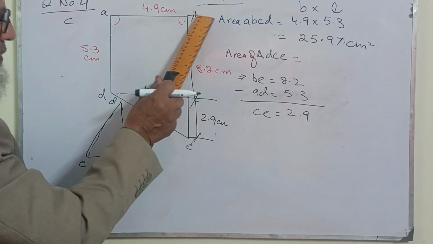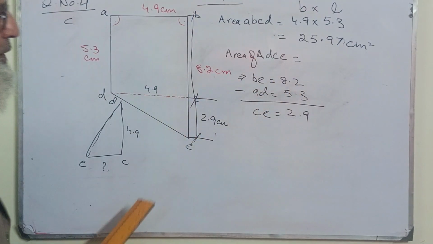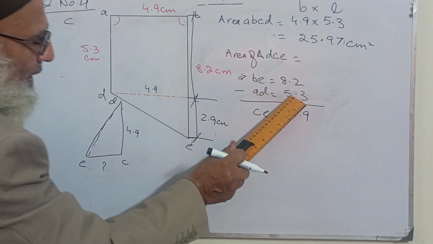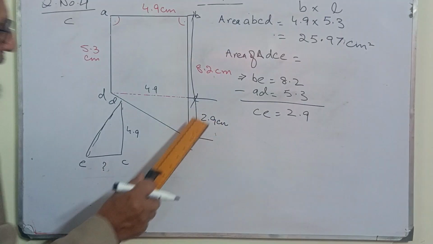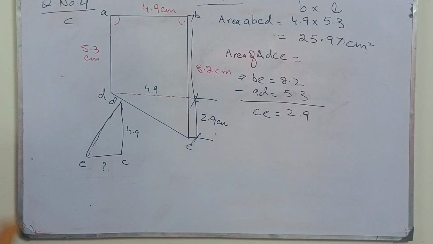From the whole BE, which was 8.2, we subtracted AD, which was 5.3, and the answer is CE, which is 2.9.